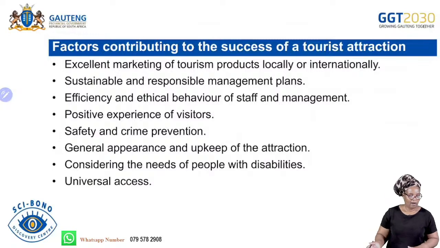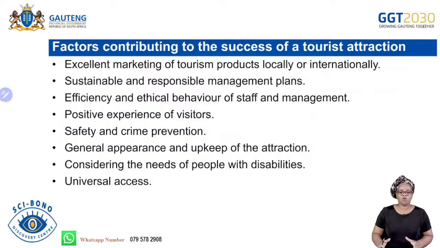And we have sustainable and responsible management plans. For the attraction to be successful, they need to have sustainable and responsible management plans in place so that they keep the icon in its original form.